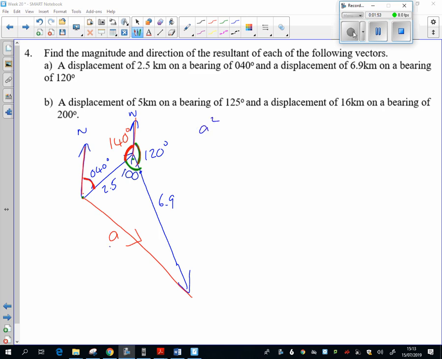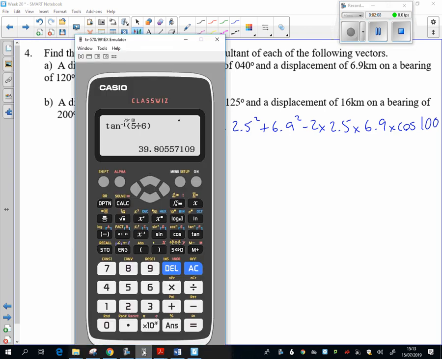So a squared is 2.5 squared plus 6.9 squared minus 2 times 2.5 times 6.9 times cos 100. So let's quickly type that into the calculator. 2.5 squared plus 6.9 squared minus 2 times 2.5 times 6.9 times cos 100.